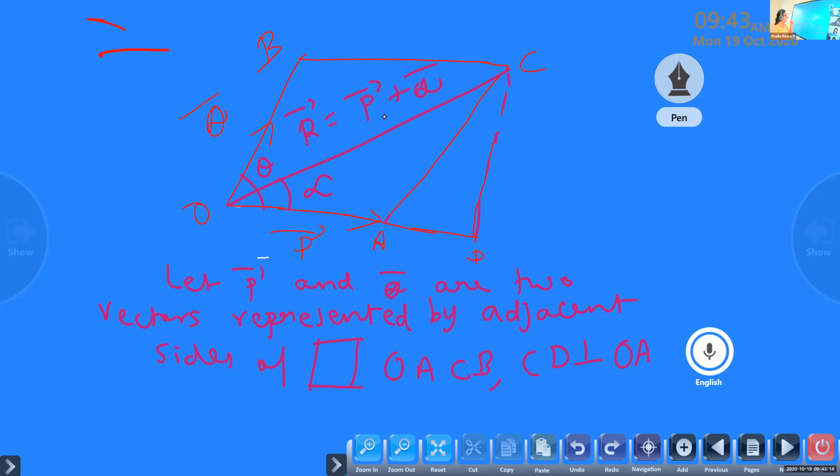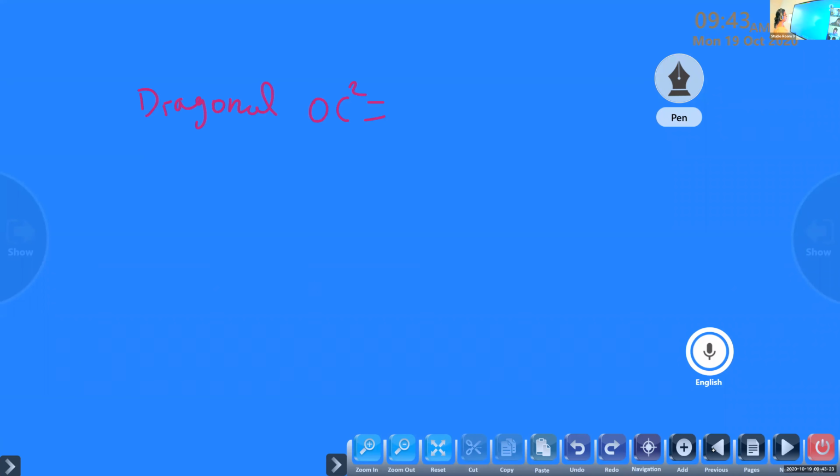OC squared is equal to OD square plus CD square, by Pythagoras theorem. Remember, adjacent side square plus opposite side square equals hypotenuse square. OC square is equal to OD square plus CD square.